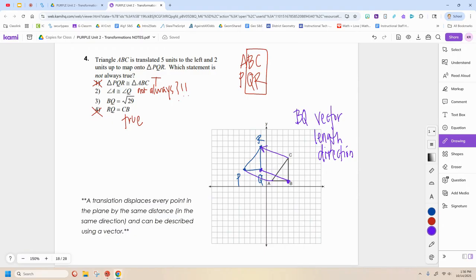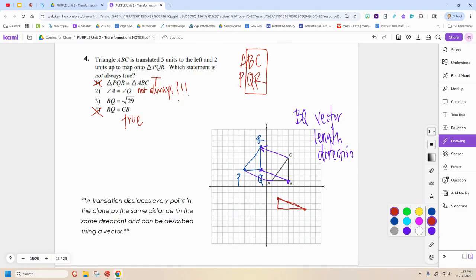So now the question is, how long is that vector? Well, I'm just going to go ahead and take that vector and move it over here. So it went over 5 and up 2, right? And so here's the vector.